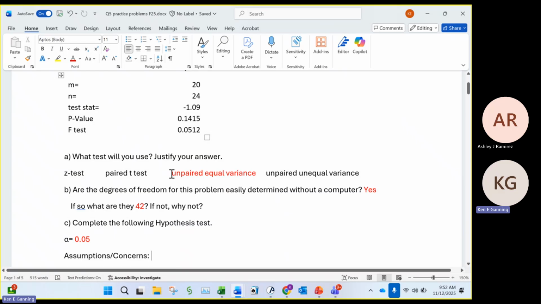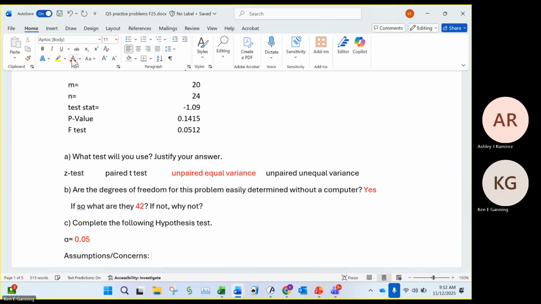Complete the following hypothesis test, alpha 0.05. Both data sets are normal.